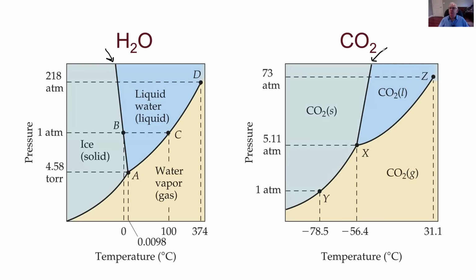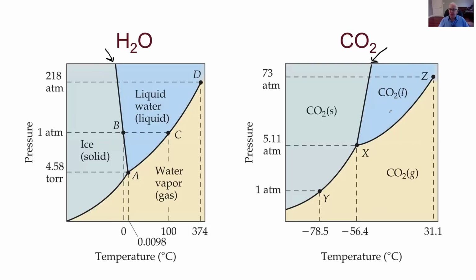On the CO2 graph, my solid liquid line now has a positive slope, right? That actually reflects the fact that for water, the solid is less dense than the liquid, meaning that ice floats in liquid water. The positive slope over here reflects the fact that solid CO2 would not float in liquid CO2, okay?